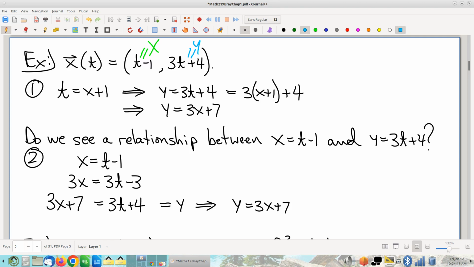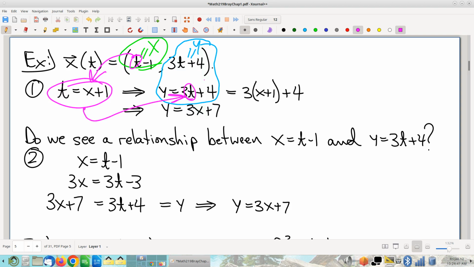Okay, so the big idea here, and again every example is different, but in this case what works really nicely is to take this equation and solve for t. Then take this other equation and plug that formula for t you just found into where the other t is, because after all, it's the same t.